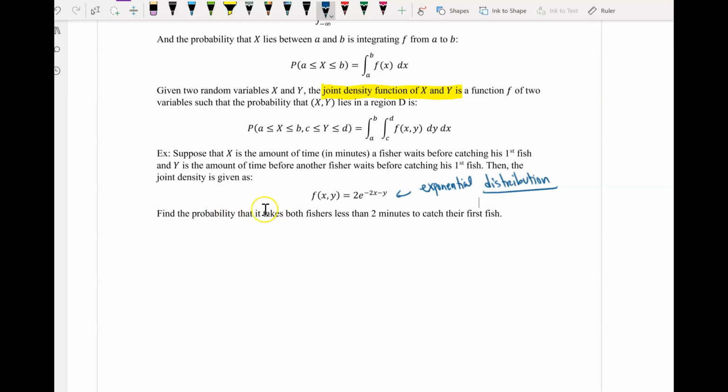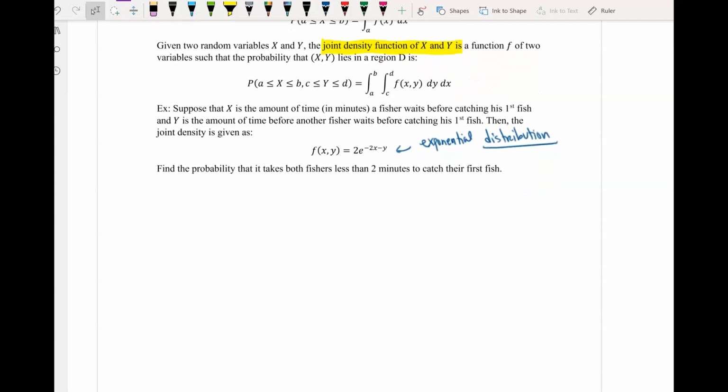So find the probability that it takes both fishers less than 2 minutes to catch their first fish. All right, so let's take a look at that. Here x is the amount of time for fisher number 1, and y is also going to be the amount of time for the first fish, for fisher number 2.